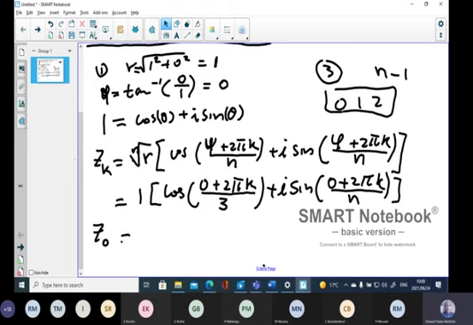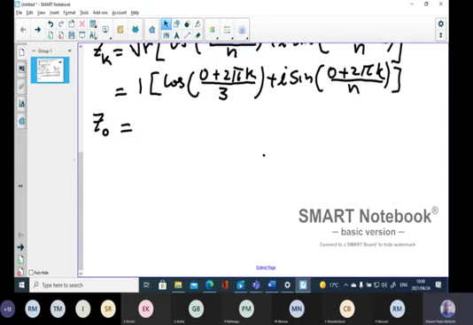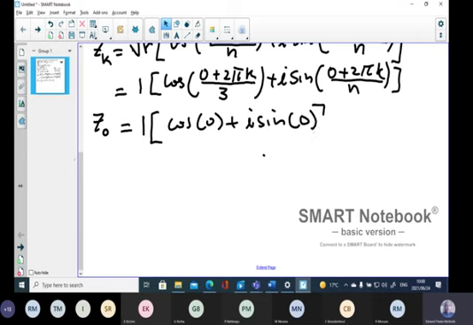Okay, so this means our solution will be Z0 equals to, this means wherever you see k, you substitute 0. So let's do that. So it's 1. If I substitute 0 there, I'll end up with cos 0 plus i sin 0. And then this basically just gives me the answer of 1. Immediately after that, I determine Z1. So this means wherever I see k, I substitute 1.